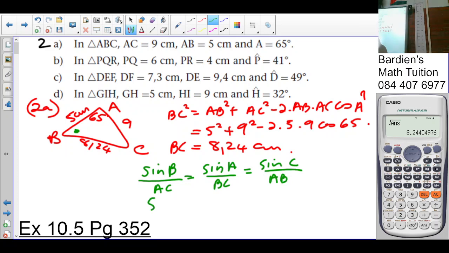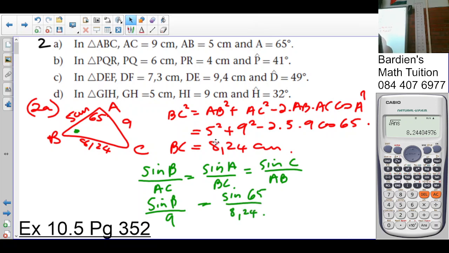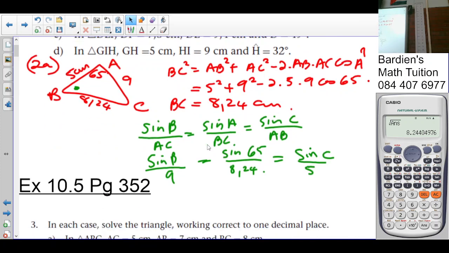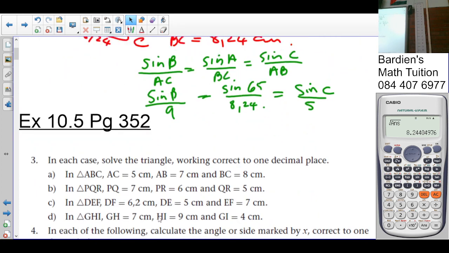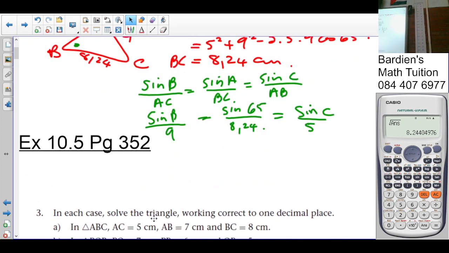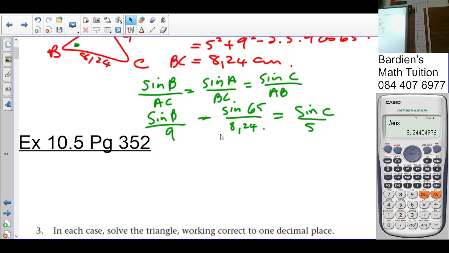So sine of B over 9 equals sine of 65 over 8,24, which is equal to sine of C over 5. I can already see I can calculate angle B.